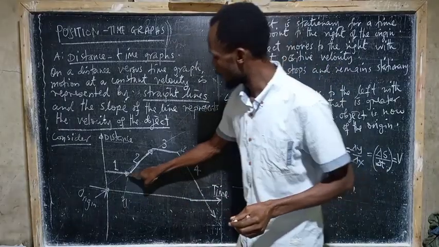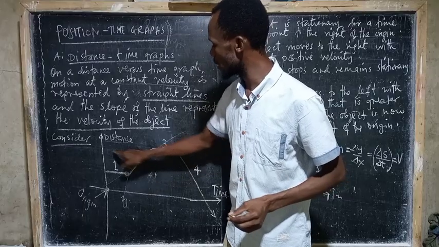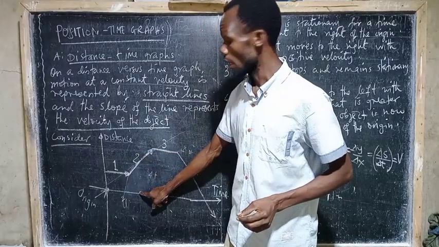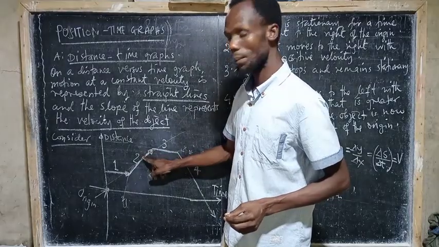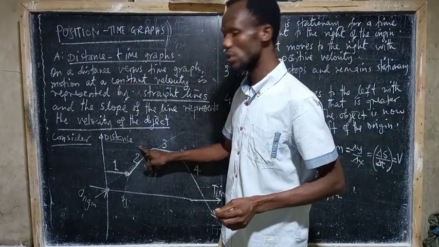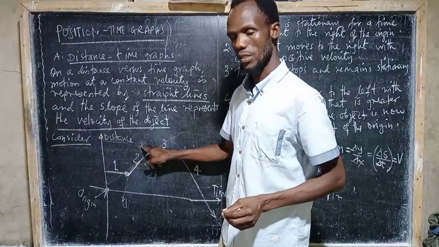Velocity ilipatikana kwa sababu alianza kucover distance wakati huo huo ana cover time. Ukitafuta velocity yako utaipata kwa sababu kutakuwepo na change in distance over change in time. This means this provides velocity.